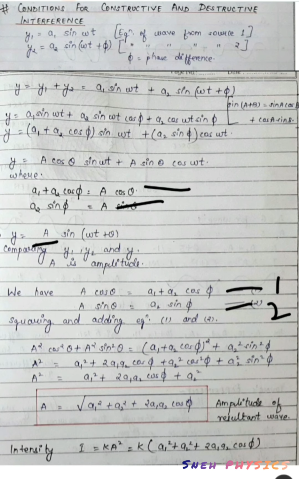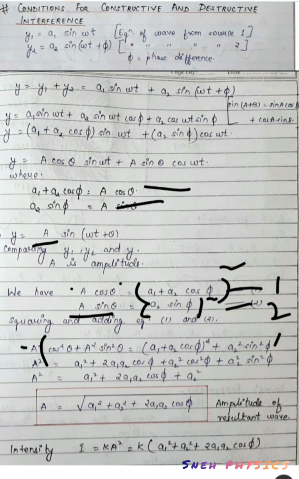Squaring and adding both equations 1 and 2, we get A square cos square theta plus A square sin square theta equals a1 plus a2 cos phi whole square plus a2 sin phi whole square. I have already squared it.